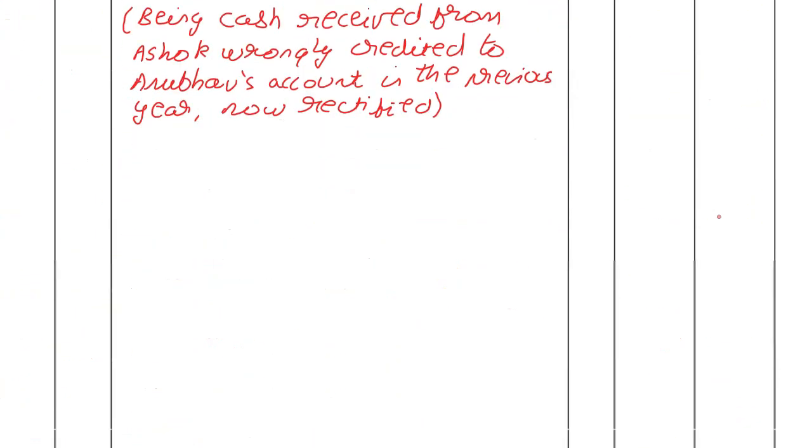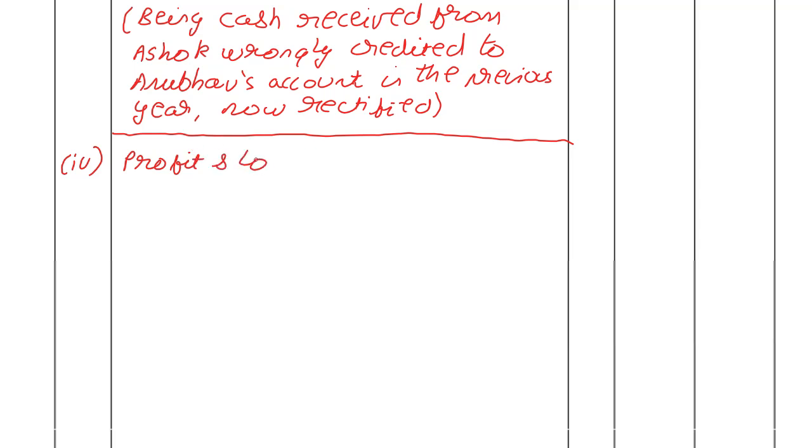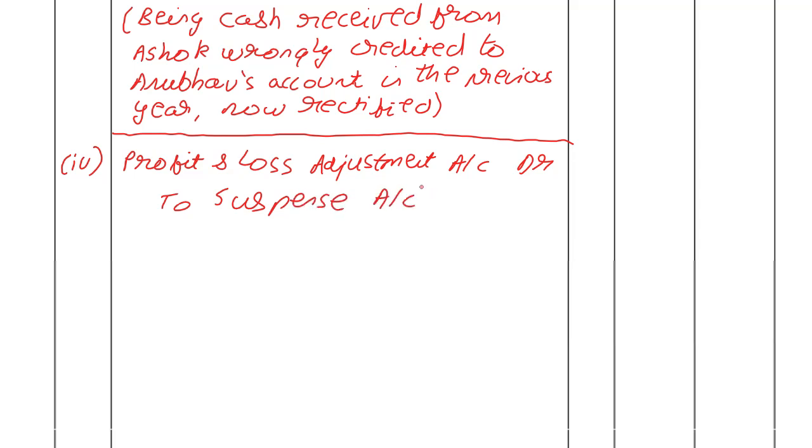All right, so first off, I am drawing a line. Okay, I am writing 4, and then we have profit and loss adjustment account debit to suspense account for 450.